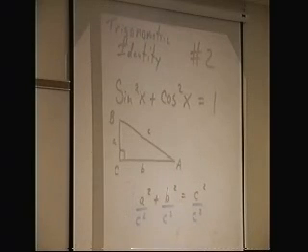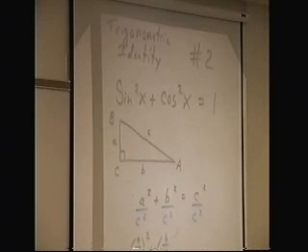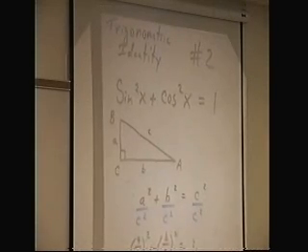Now a squared over c squared is the same as a over c quantity squared, like this. And this is b over c quantity squared. And what's this? 1. What's another way to write a over c? What do we call that?